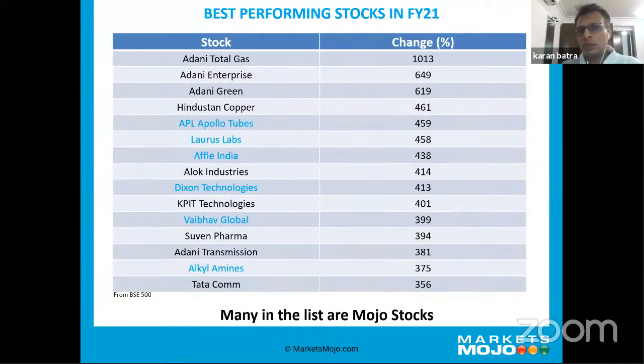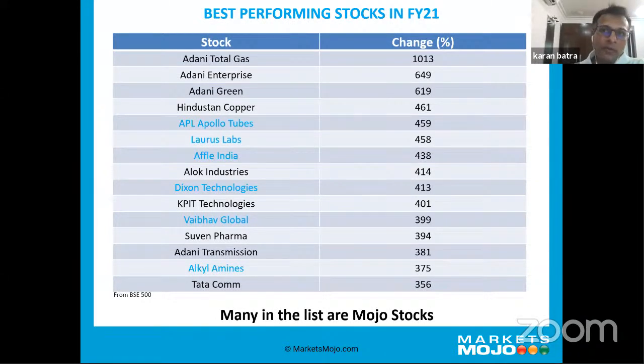This performance we saw. So, just to give you some numbers here, we took out the list of the best performing stocks from the BSE 500 in financial year 2021. Out of the 15 top stocks, 4 were Adani Group companies. Adani Group companies do not qualify as good quality because of the domestic mutual fund holding rule that I told you.